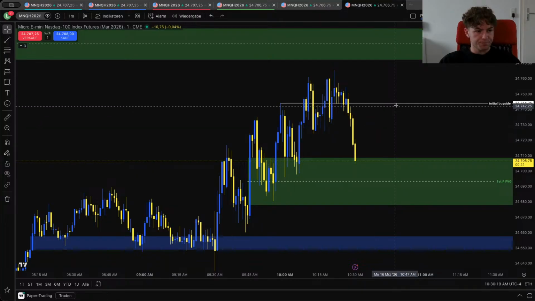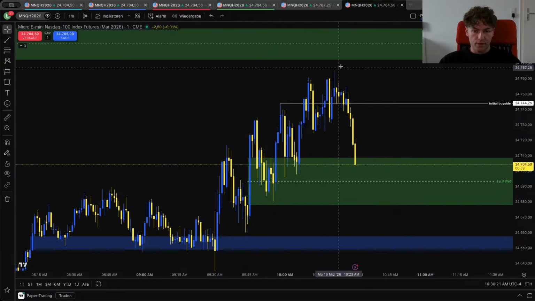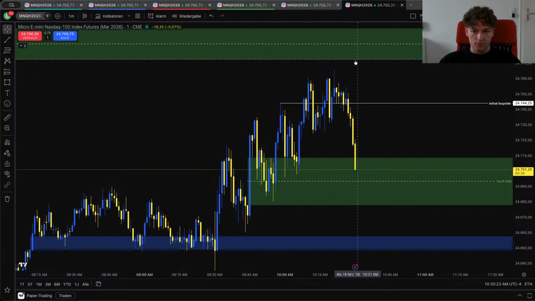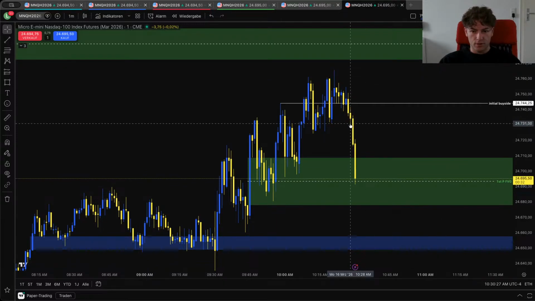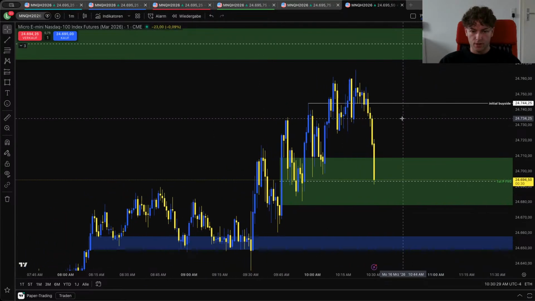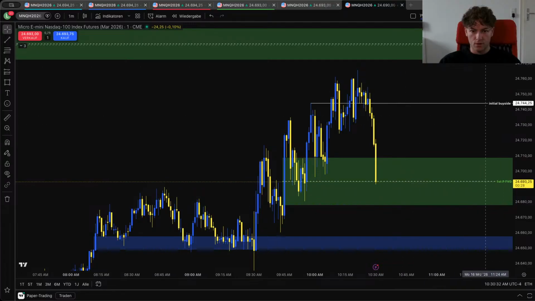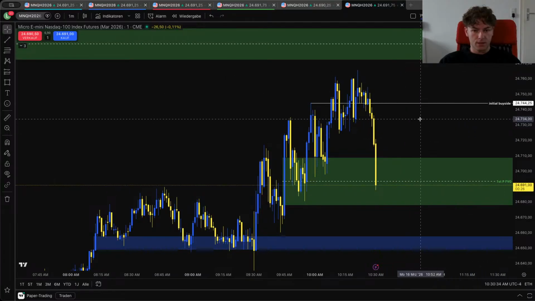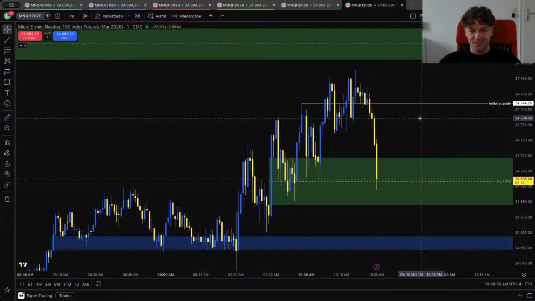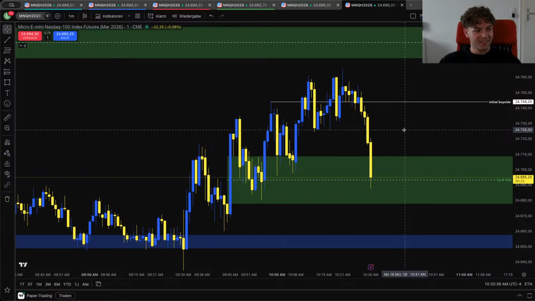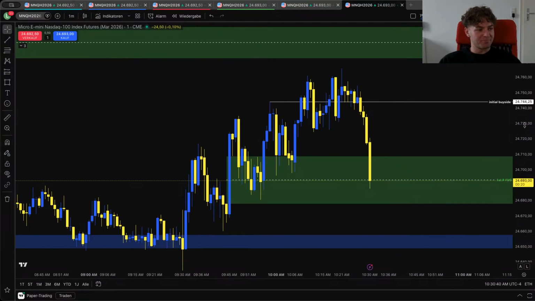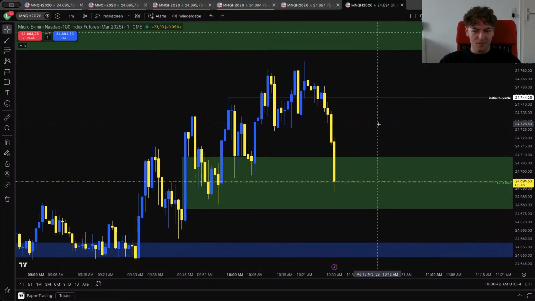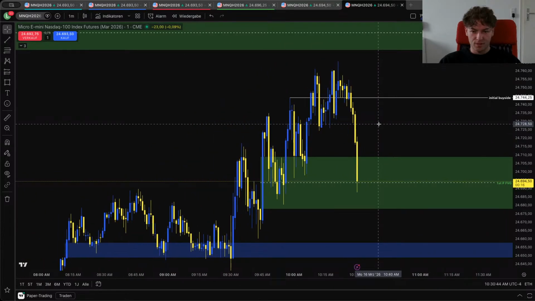Okay. So we failed to trade up into the first percent fair value gap. Failed to trade up into the opening range gap from last Thursday, March 12th. This pronunciation, I don't have it. Yeah.